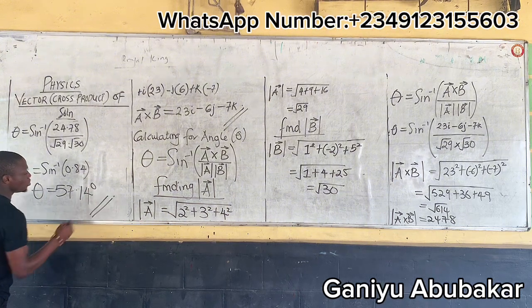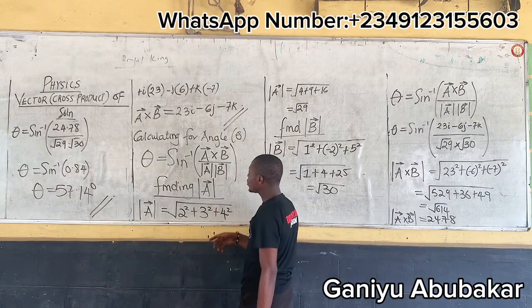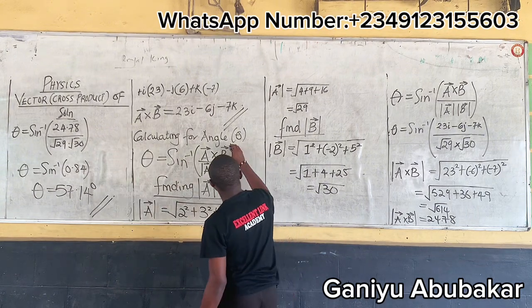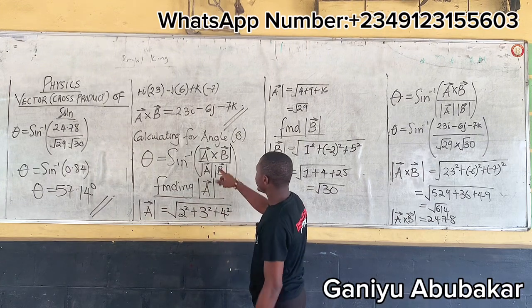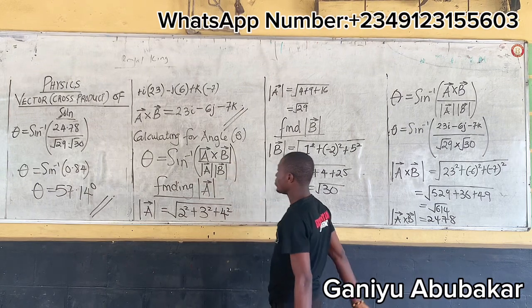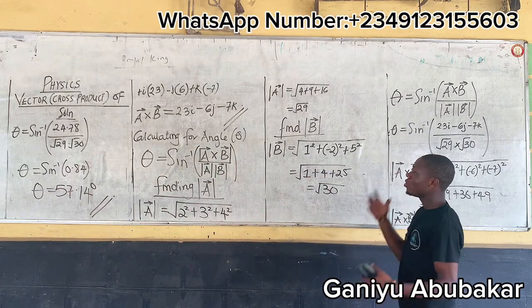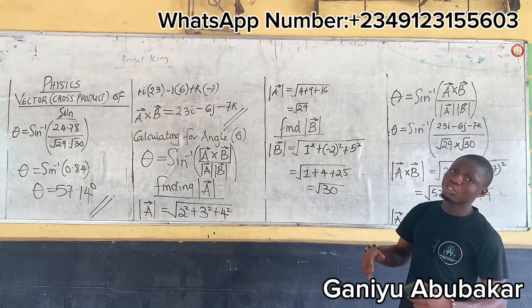This is how to calculate the angle. By the way, always get the magnitude of the cross product of the vectors. So this is how to calculate the cross product of two vectors and the angle between them.